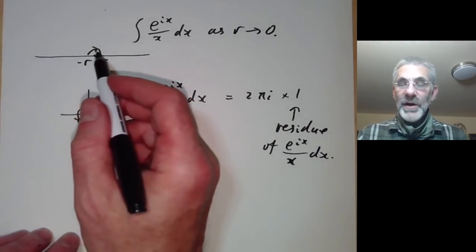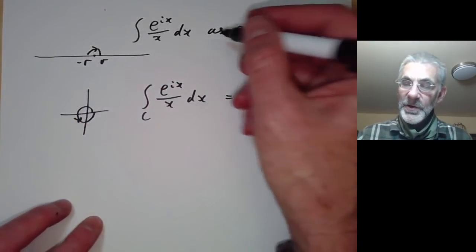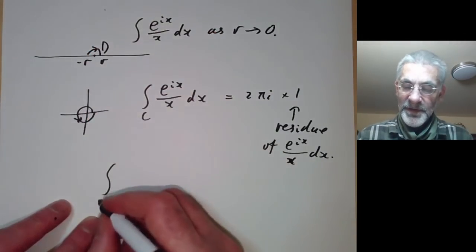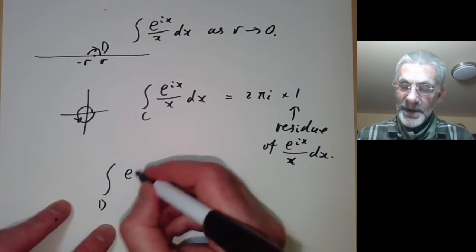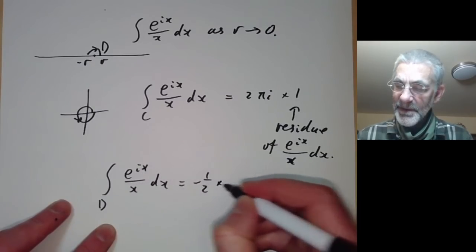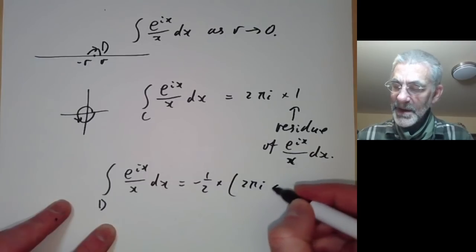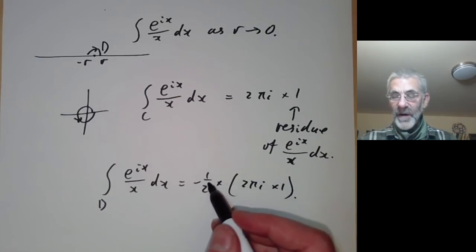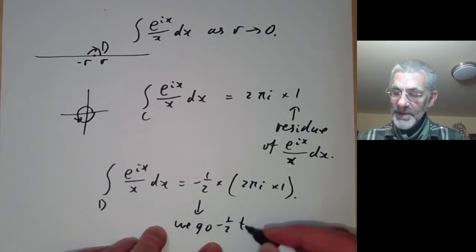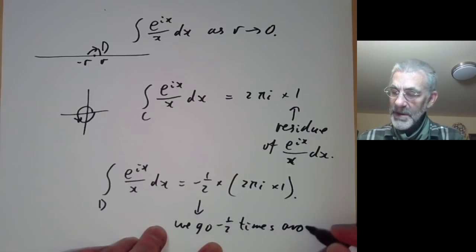So what's the integral over this bit here? Well, let's call this contour d. The integral over d of e to the ix over x dx is now equal to minus a half times 2 pi i times 1. Why minus a half? Because we go minus a half times around 0.